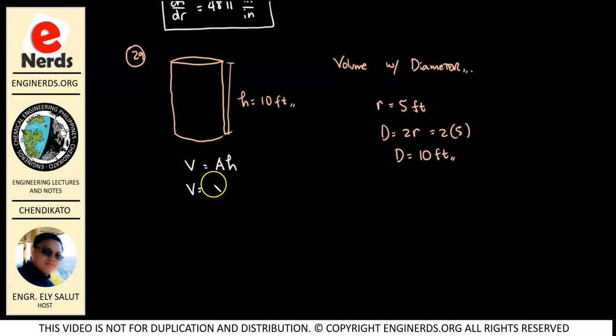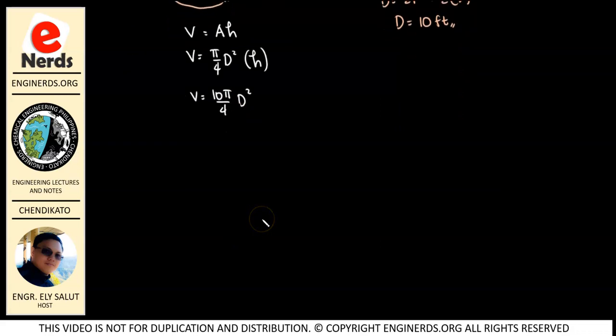This is equal to pi over 4 d squared, no? Then times height. So, our height is equal to 10. So, it is a constant. Therefore, we could write this as 10 pi over 4 d squared, diba? And to make it easier, this is equal to 5 over 2 pi d squared, diba?